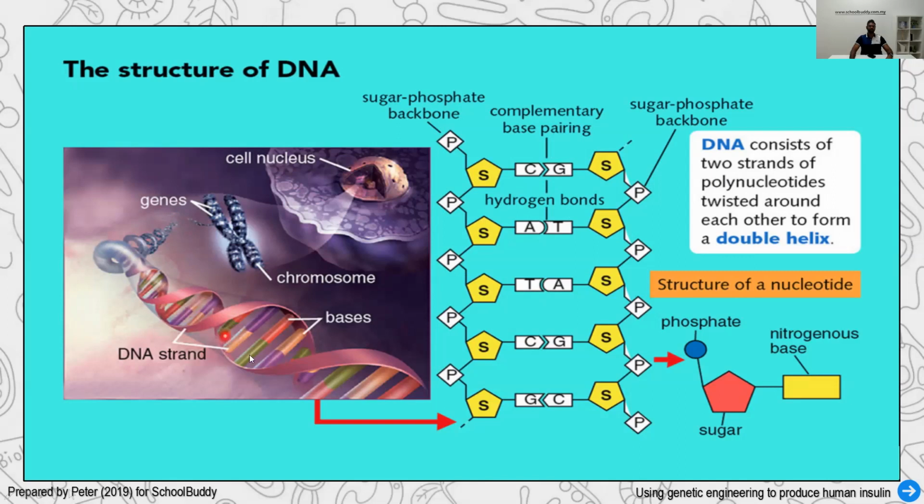In the DNA, these colored parts are all called the bases. Certain bases form a bond between them, and because of this bonding, they form a coil structure called the DNA strand. All the coil structure becomes thickened to form a chromosome, and this chromosome is located in the nucleus.